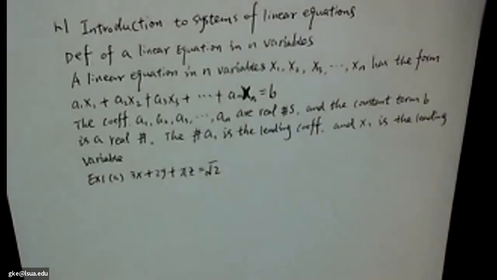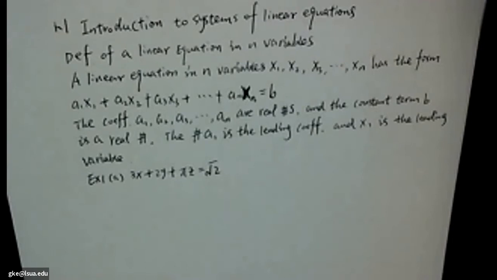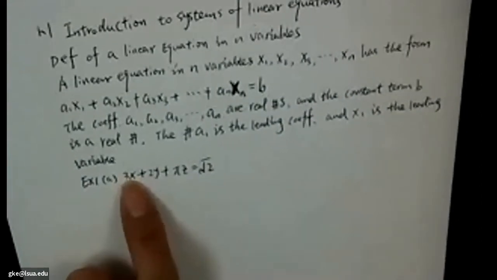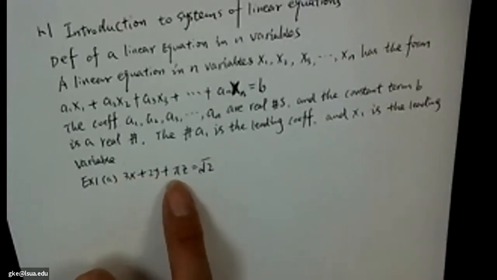Now, based on the definition, could you tell me, is that equation a linear equation or not? So the first thing you can tell, a1 is 3, a2 is 2, a3 is pi, right?